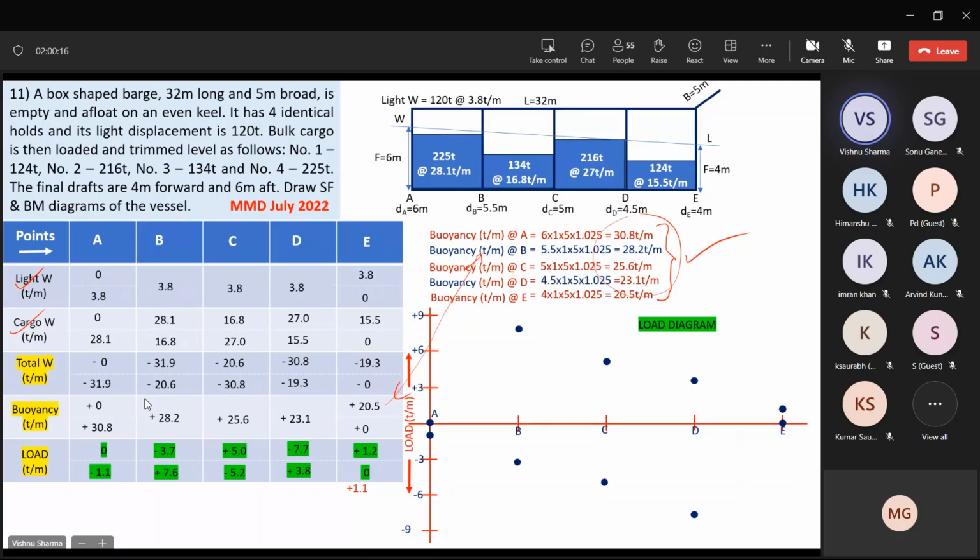You can see it now being joined. 1.1 to 3.7, 3.7 to 7.6, then to 5, then minus 5.2, then minus 7.7, then plus 3.8, then plus 1.2, plus 0. And each of them is 8 meters. And these are the values I have put on the diagram. Guys, please see and tell me if you're satisfied with the load diagram or you have any questions.